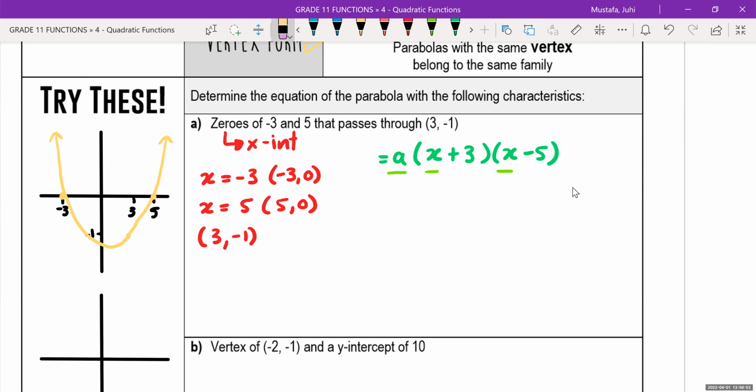Luckily, just like last class, we have a point, 3, -1, and we can use that point to put it into our x and y values. So we can use this point, put it into our x and y values, sub that into the equation to solve for a.